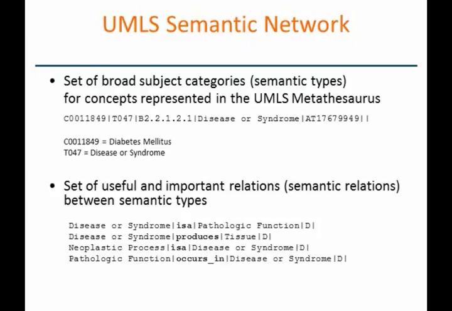And these relationships can be exploited to attain additional information from a record provided by the terminology. So the point here is that there are relationships that humans have coded between various semantic types.